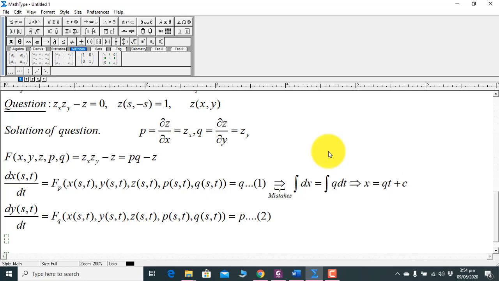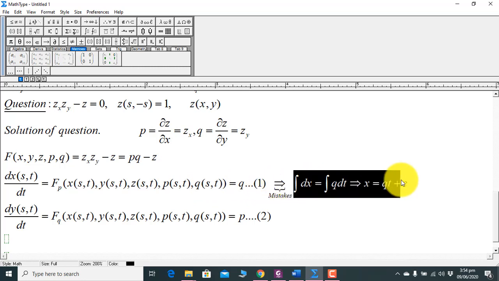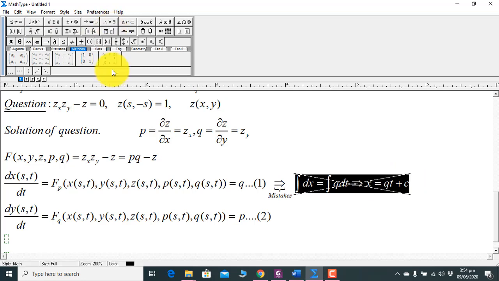This is wrong, because q is in general a function of t. You cannot take q outside the integral. So this is actually a wrong attempt, you don't have to make it.